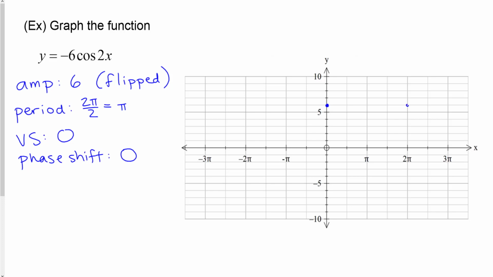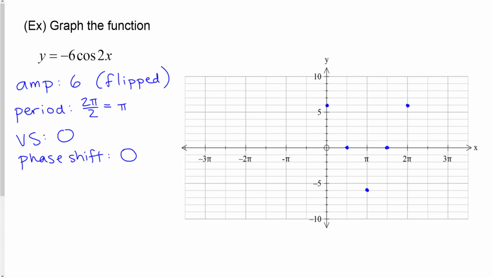So over here by 2 pi, I'm back at 6. Halfway along that interval, I'm at a minimum at pi. And then halfway in between those, I'm at 0. So I go from my maximum down to 0, down to my minimum, back up to 0, and back up to the maximum. And that gives the wave of cosine.